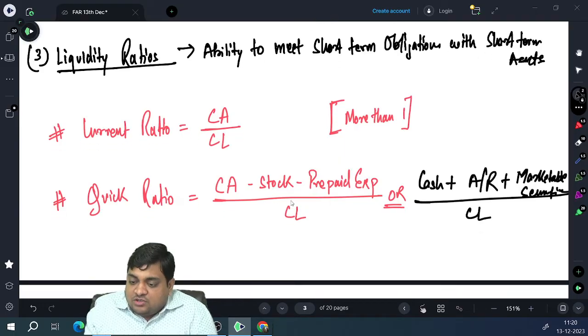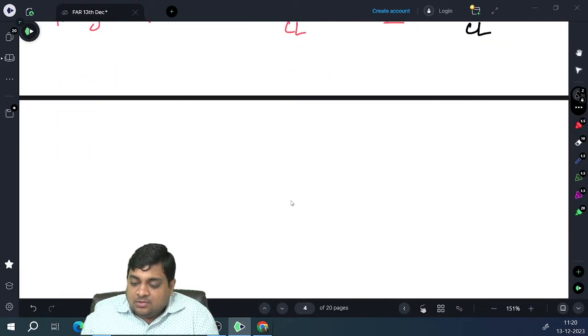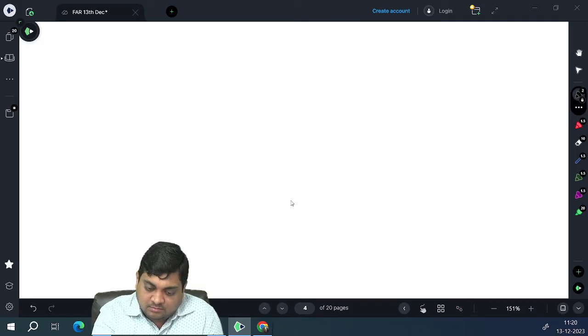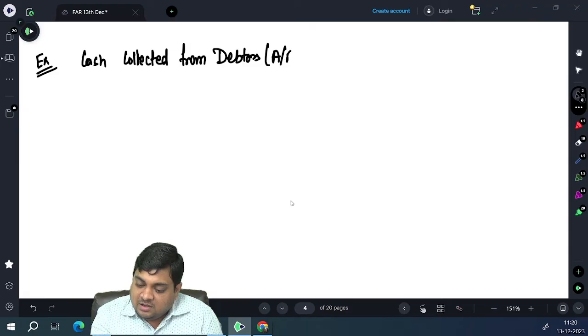Now, what type of questions are we going to get from this particular liquidity ratio? See, they won't simply ask you to calculate the liquidity ratio, right? Now, let us do some questions on this liquidity. Suppose they give you one situation: cash collected from debtors. Debtor means accounts receivable.